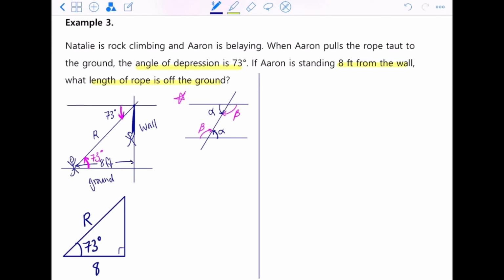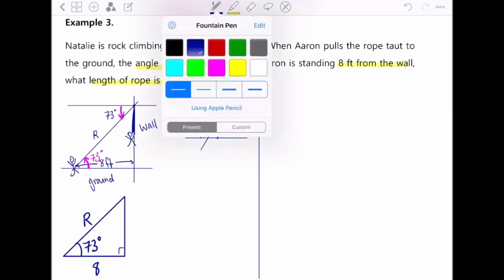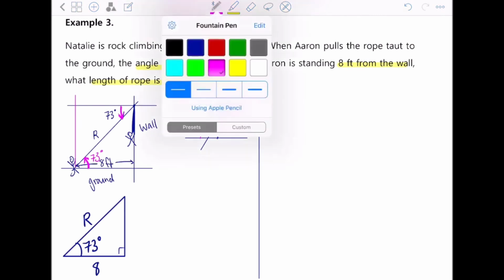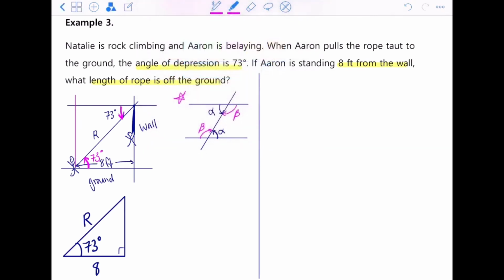All right, before we solve it, I'll go over the second method. The second method is to just form a new triangle, without using the property of lines and angles. We're just going to draw a vertical line straight down, forming a new triangle like this.